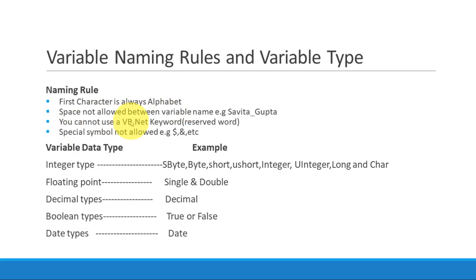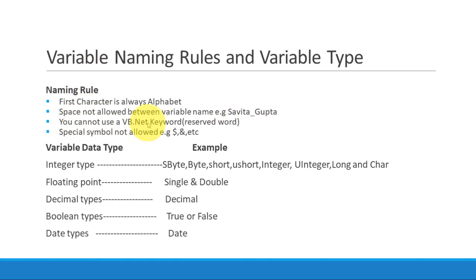Then space is not allowed between the variable names. Suppose the name is Savita Gupta. You cannot write Savita space Gupta. We can fill that space with an underscore to follow the naming conventions while naming the variable.